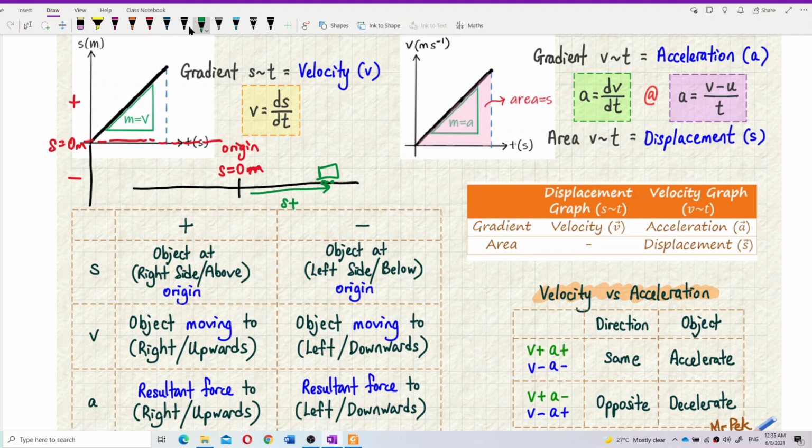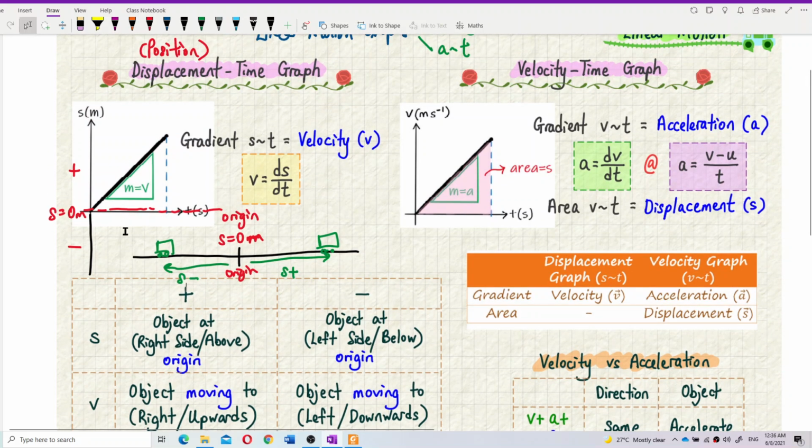The middle one is the origin. But if the object is at the left hand side, the position is negative displacement. So positive displacement means the object is at the right hand side of origin or above the origin, but negative displacement means the object is at the left hand side or below the origin.